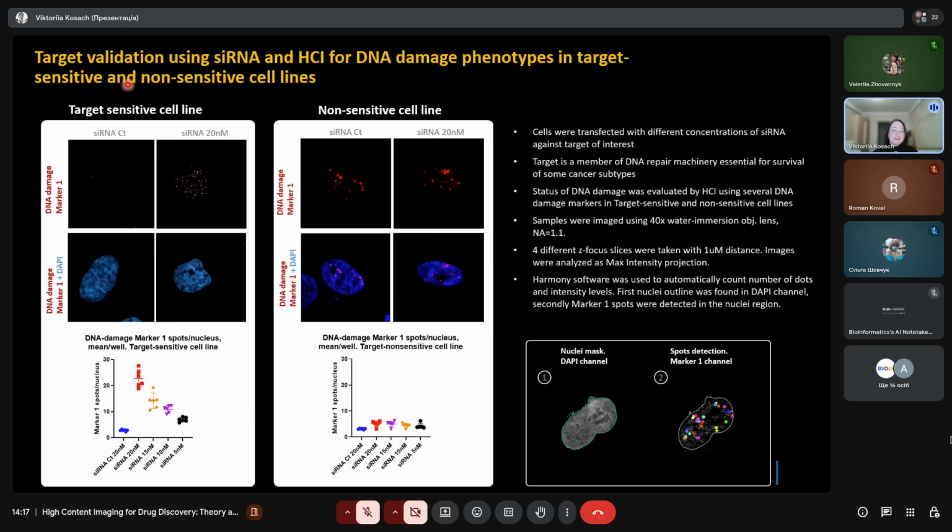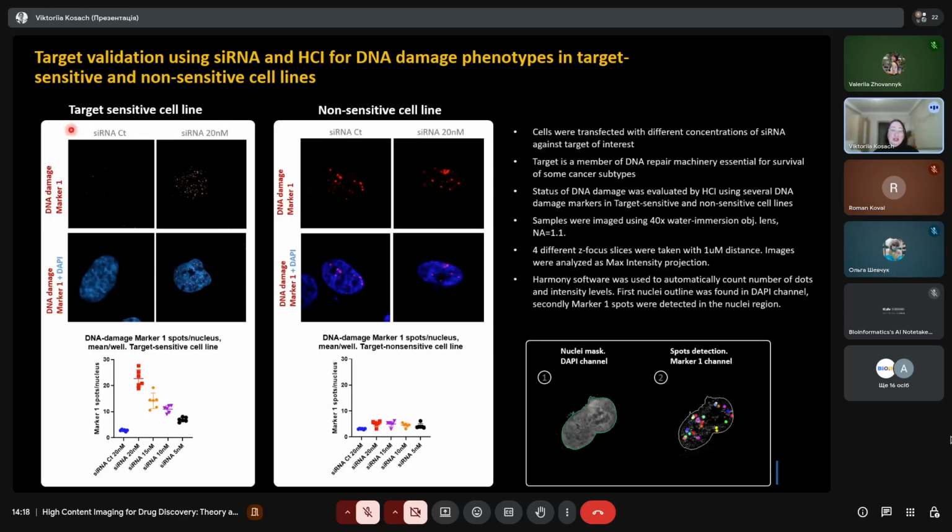So here you can see two cell lines: one sensitive to the target. The target is a member of the DNA repair machinery, essential for survival of some cell types. But the other cell types that are non-sensitive will still proliferate.